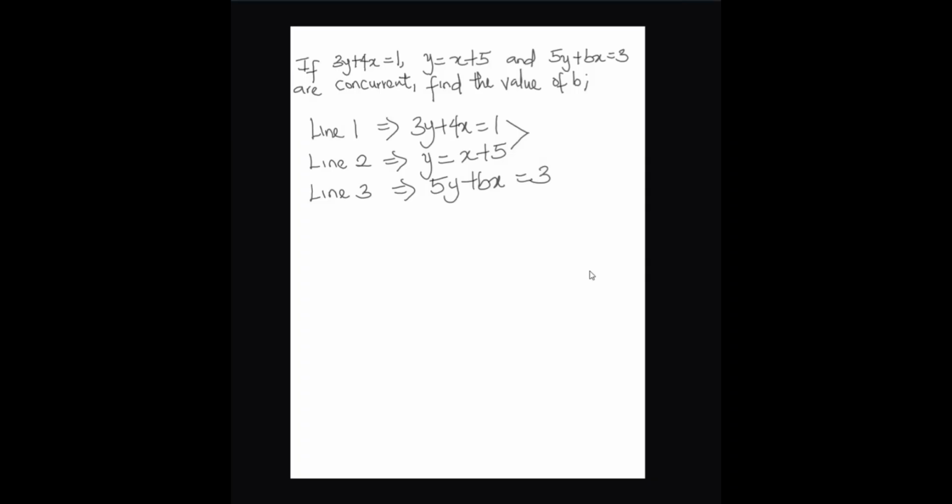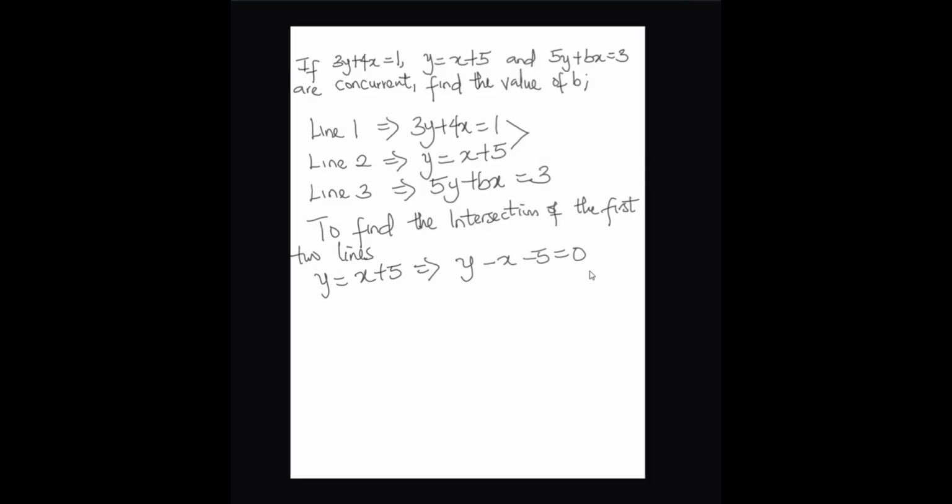To find the intersection of the first two lines, since we have y = x + 5, it implies that y - x - 5 = 0.